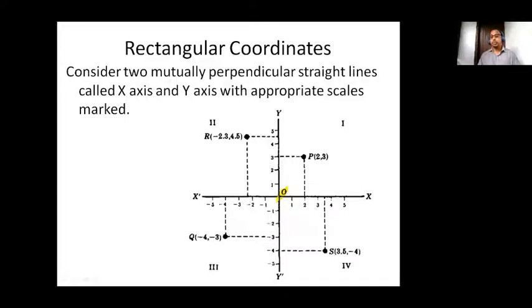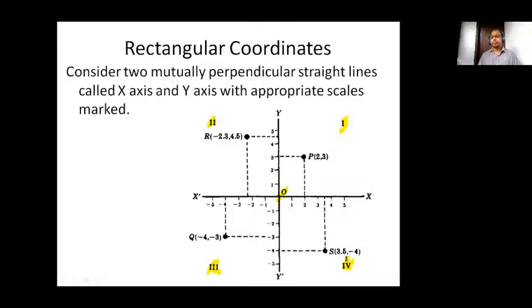Now, the plane can be divided into four quadrants, marked as 1, 2, 3, 4. That is XOY, X'OY, X'OY' and XOY'. These are called the four quadrants.